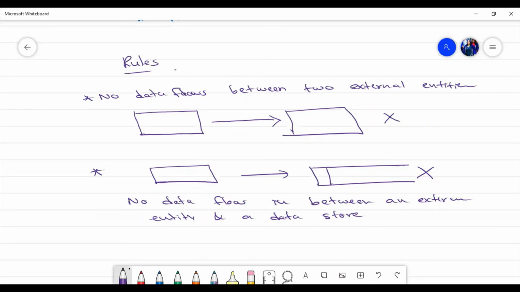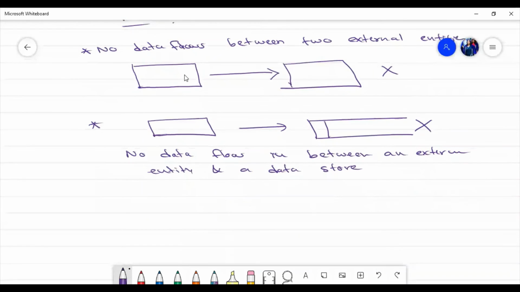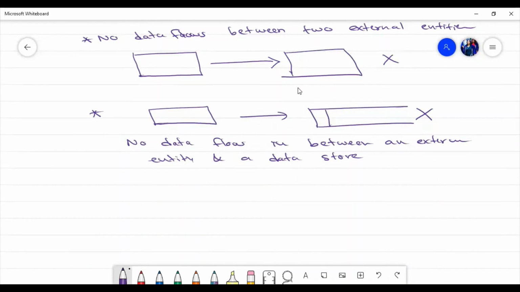No data flow between an external entity and a data store. You can't draw something like this, in either direction. From external entity to a data store, no, and this way also wrong. We don't have any data flows both ways. It's wrong.